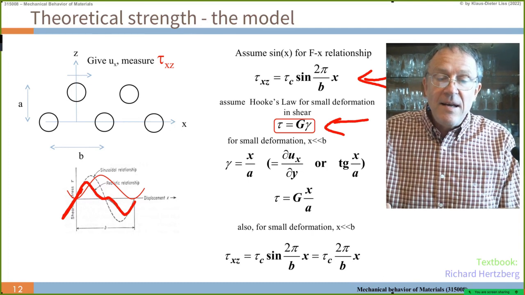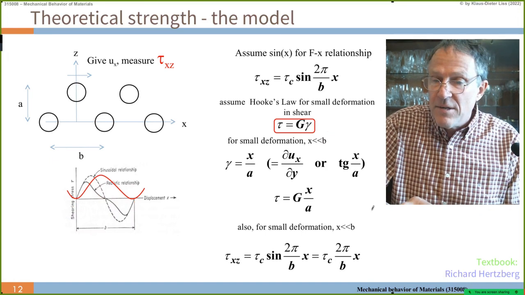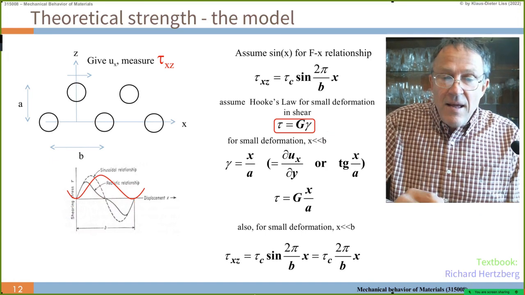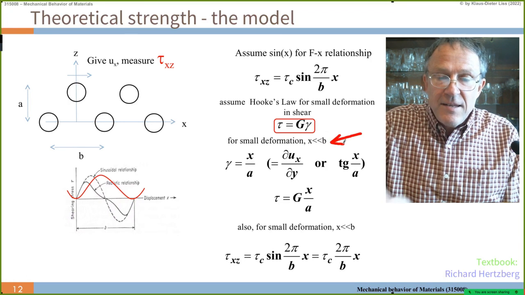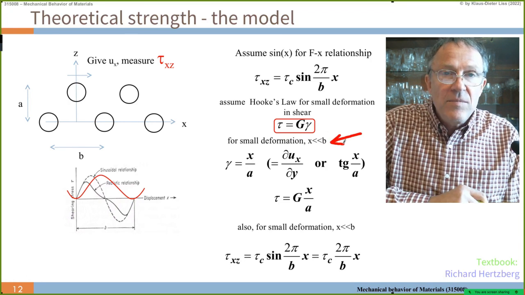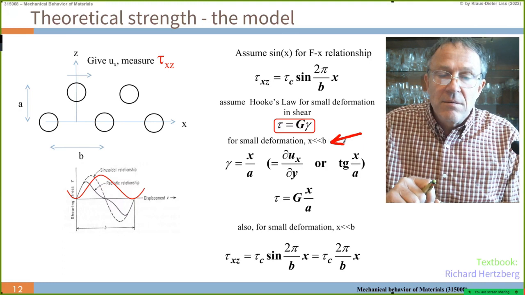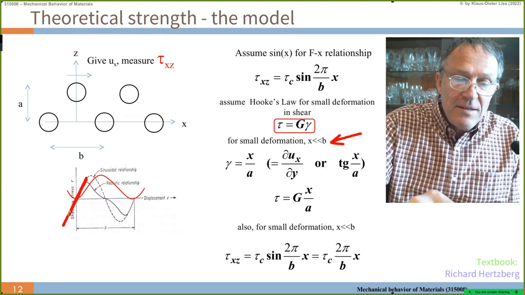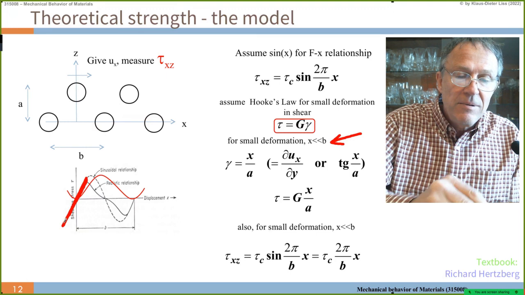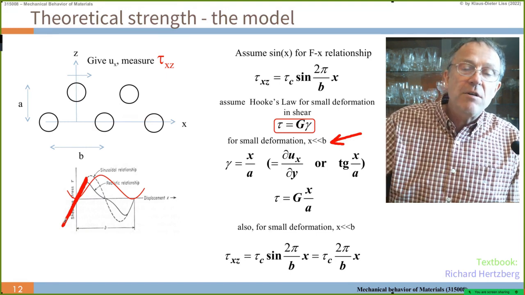And then, now we make another approximation. We look for small deformation, that x is much smaller than b. So we want to know when we start the shear. When we start the shear, this is basically the slope of the sine function when you go out of the equilibrium.